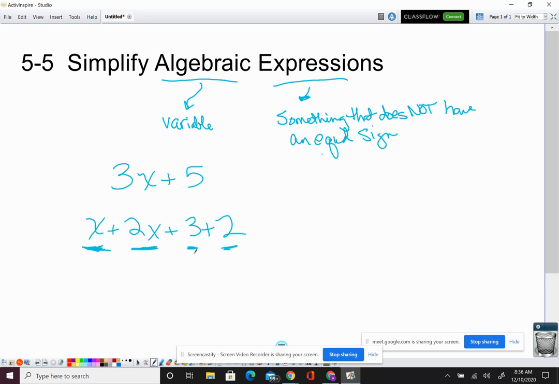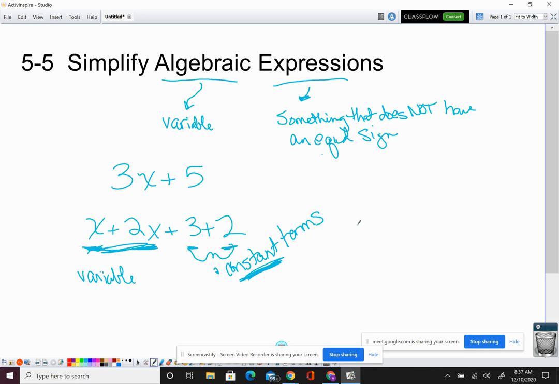Now, these are called constant terms. Constant because there's no variable by them. They always stay. 3 is always 3. 2 is always 2. But 2x changes depending on what your value of x is. So these are our variable terms, and these are our constant terms.